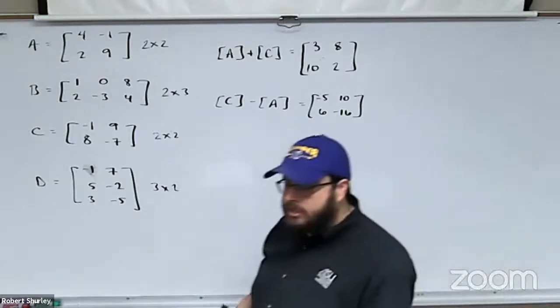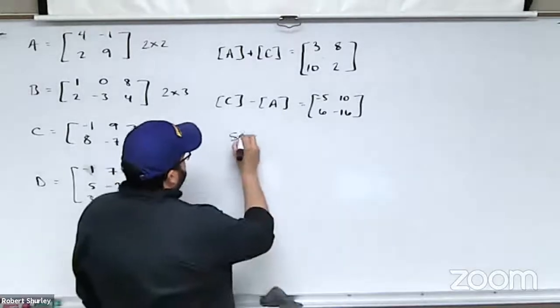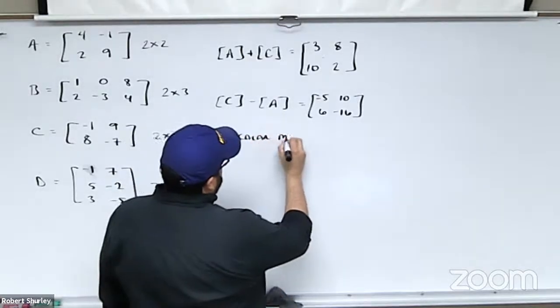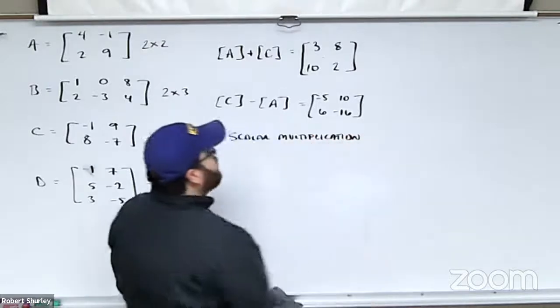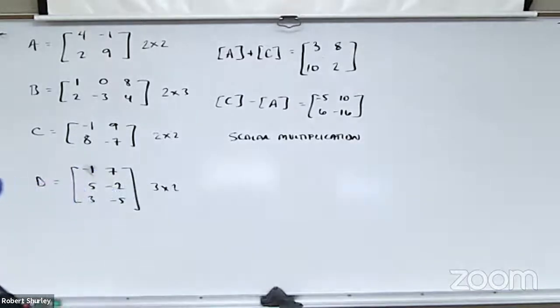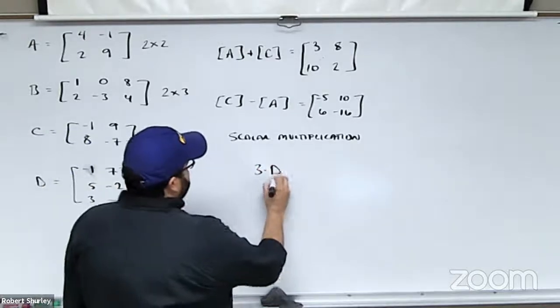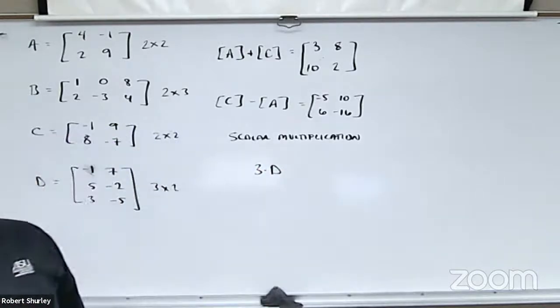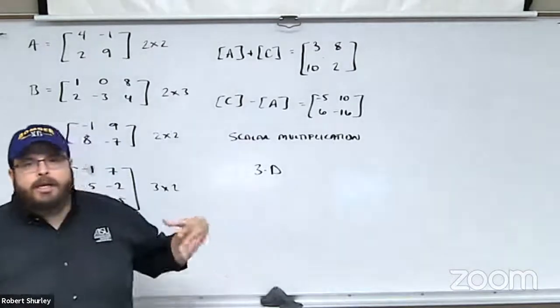Okay, so the next type of basic arithmetic is called scalar multiplication. Scalar multiplication just multiplies a number through a matrix. I'll choose either B or D for this. Let's use D. Let's say I wanted to find 3 times D, 3D.